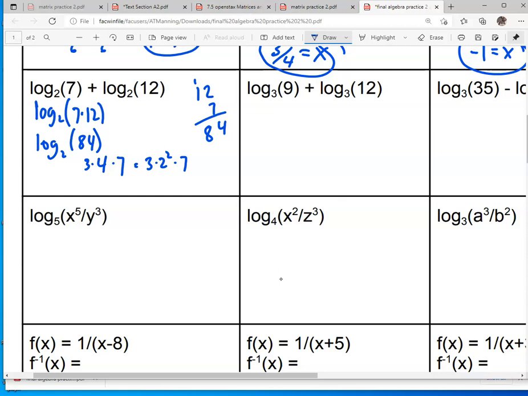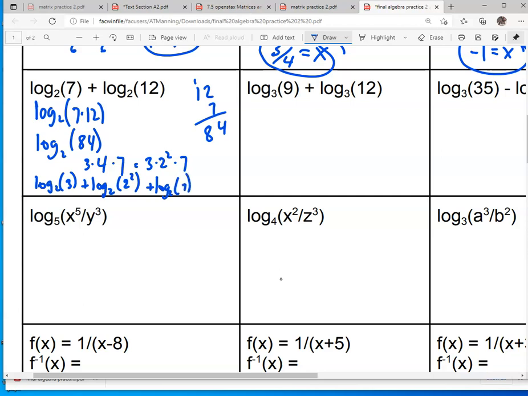If I wanted exactly the most simplified answer, let's write this out so it's clear what we're doing. I figure out all the factors of 84, see that that has 2 squared, and then I can write it out as log base 2 of 3 plus log base 2 of 2 squared plus log base 2 of 7.